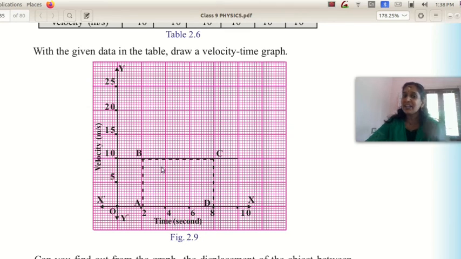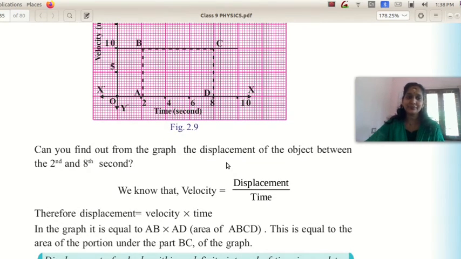At 4 second, 6 second and 8th second, the velocity of the car is again 10 meter per second. Okay? Can you find out from the graph the displacement of the object between 2 and 8th second?